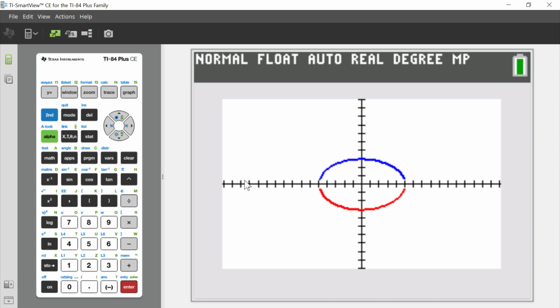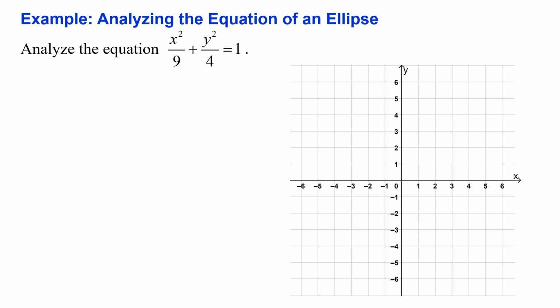In this example, we're told to analyze the equation of the ellipse, x squared divided by 9 plus y squared divided by 4 equals 1. Now, for the remainder of our conversation, the direction to "analyze the equation" means to find the center, major axis, foci, and vertices of the ellipse, and then graph it.